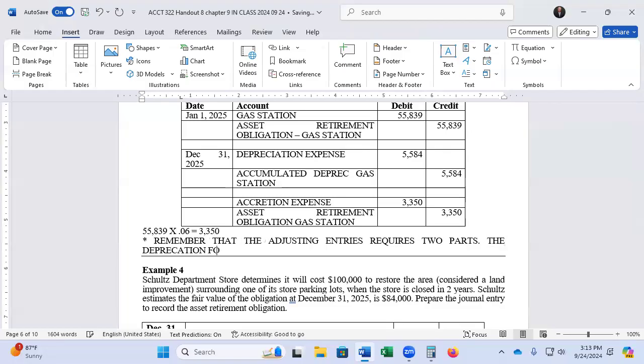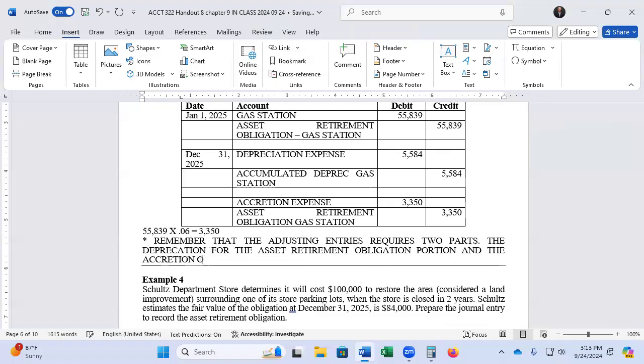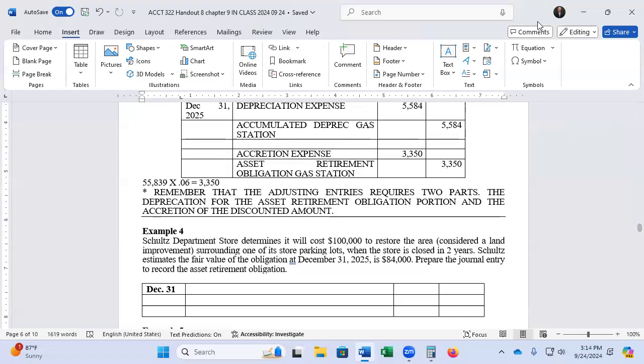The depreciation for the asset retirement obligation portion and the accretion of the discounted amount. Okay, any questions there?